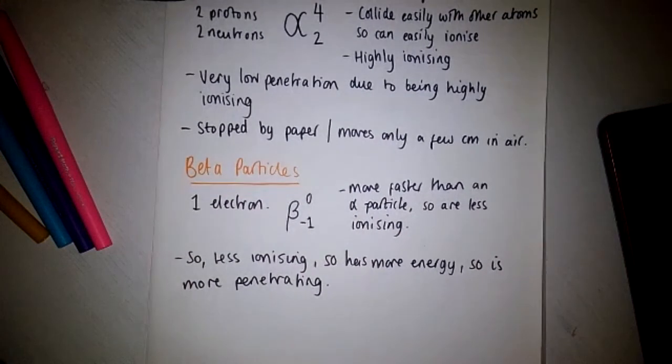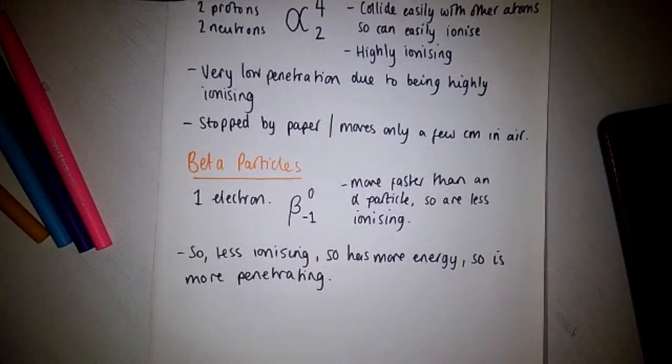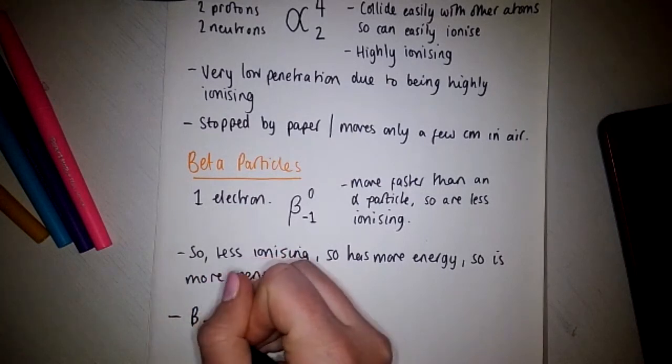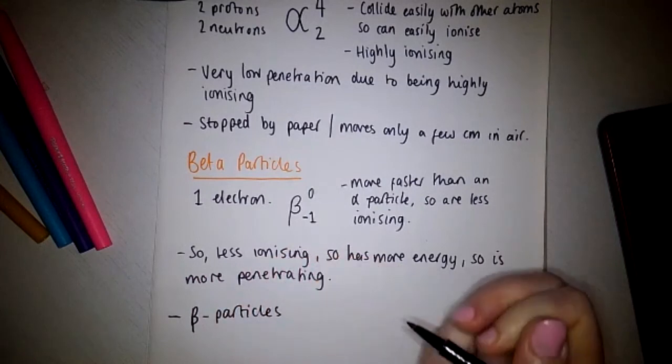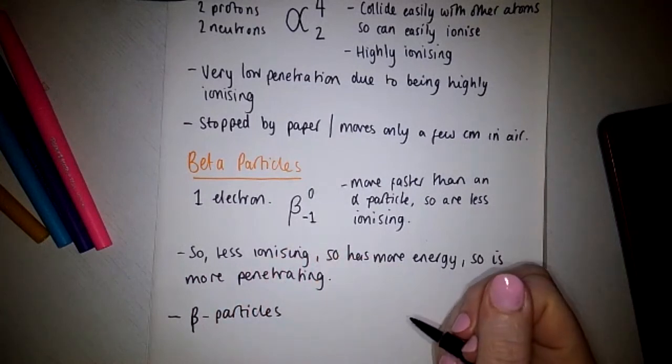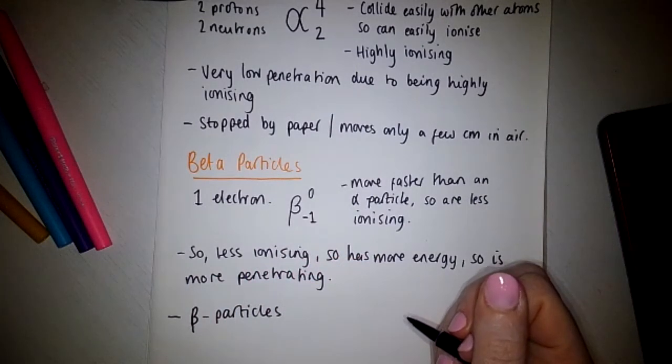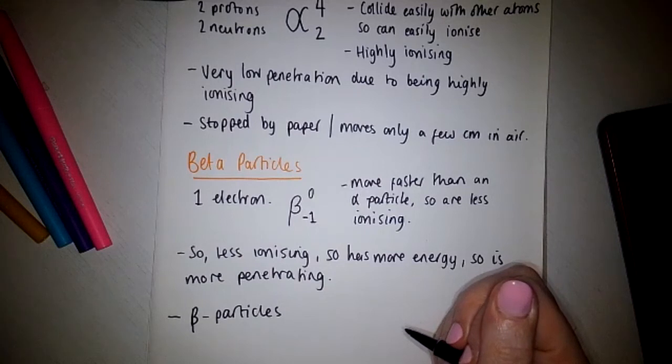Beta particles are a little bit tougher than alpha particles. So alpha is going to be stopped by your sheet of paper or stopped by moving through air. Beta particles are a little bit tougher. So beta particles need something a little bit thicker, and they need to be stopped by aluminium. Depending on what beta particle it is and how thick the aluminium is, they could go through aluminium foil, but you'd need a proper sheet of aluminium.